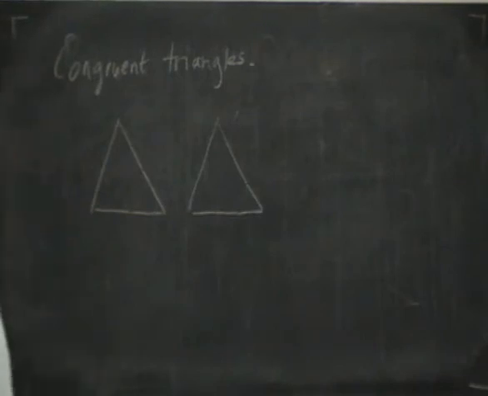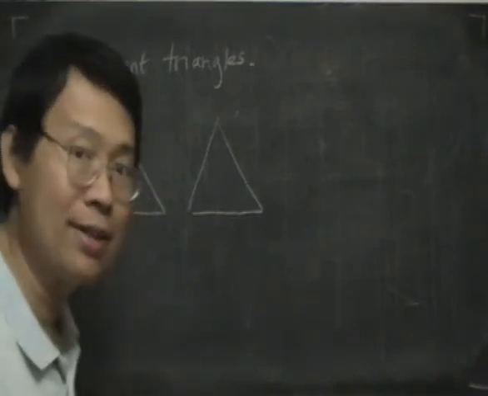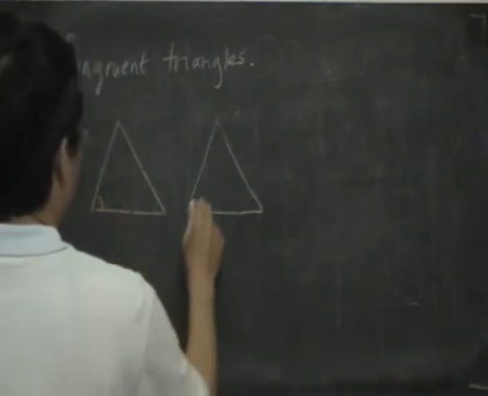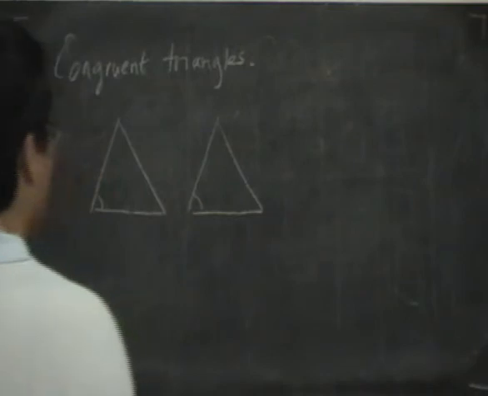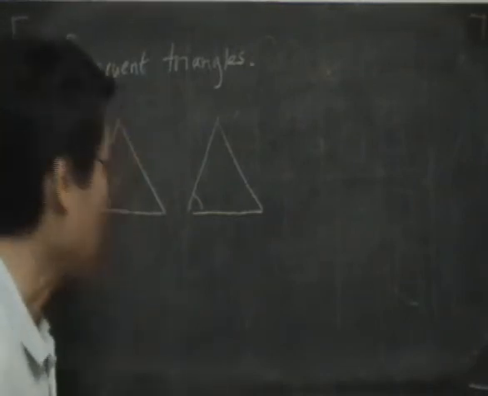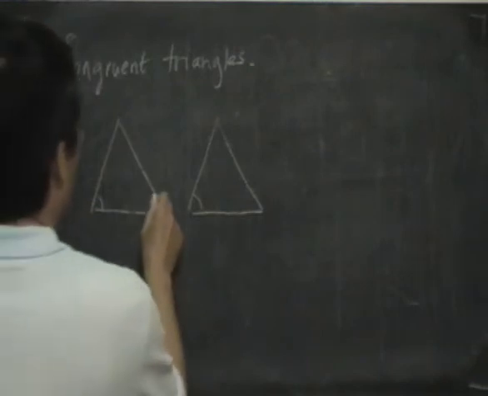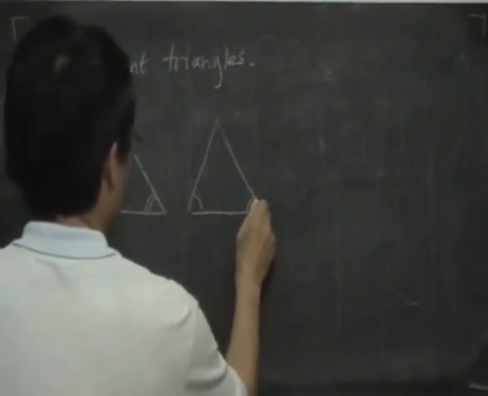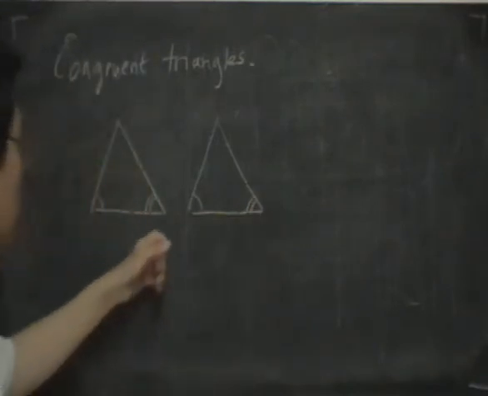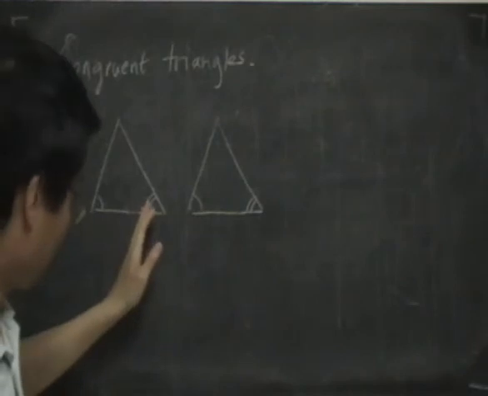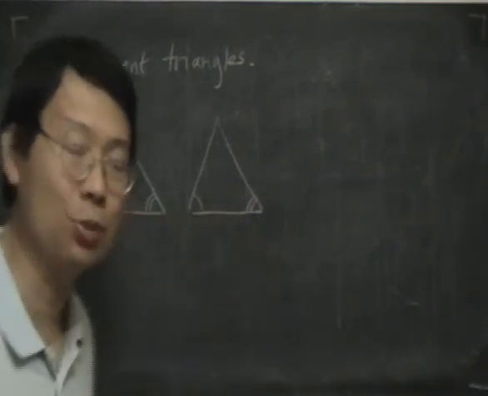Now, to show that two angles are equal, for example, I would use an angle like that. Now, to show that another two angles are equal, I could use two of these little arcs. So that would suggest that those two angles are equal.